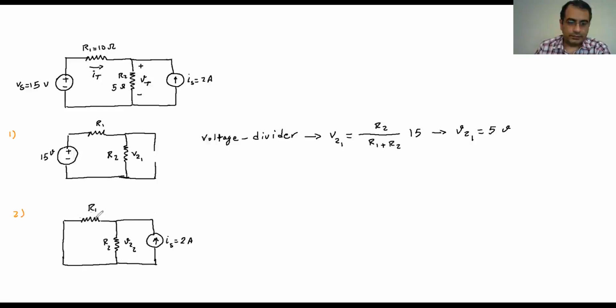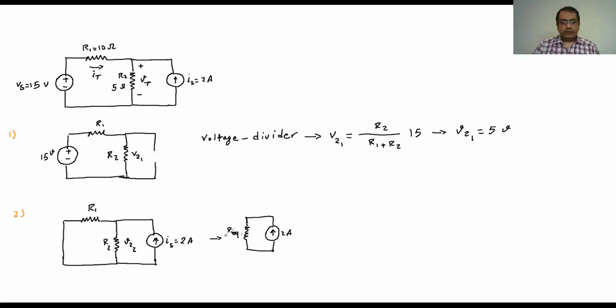If I move the R1 along that line, this wire, and put it here, then you will see R1 and R2 are going to be in parallel, and then I can replace them with something like that. This one is going to be the equivalent, and it's going to be 2 amp.